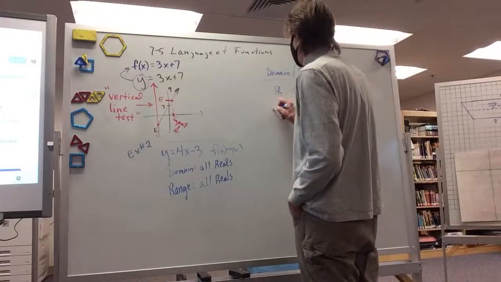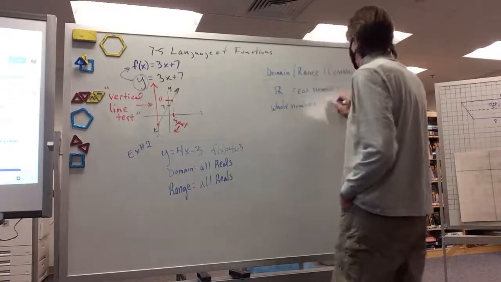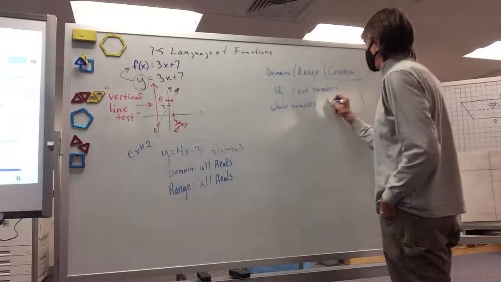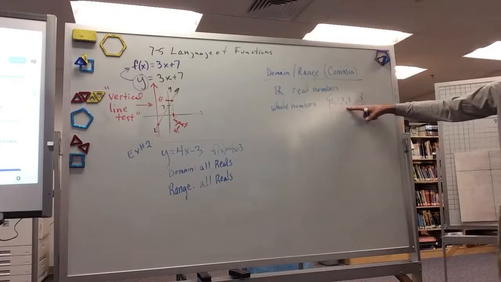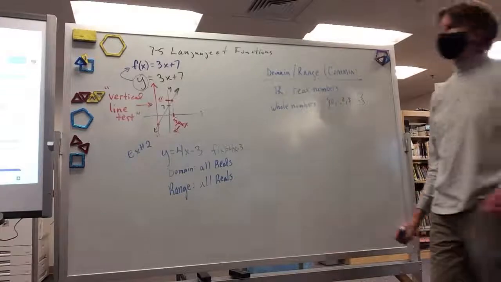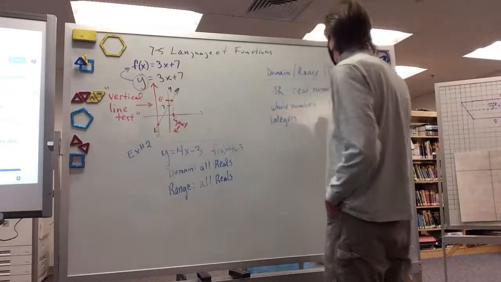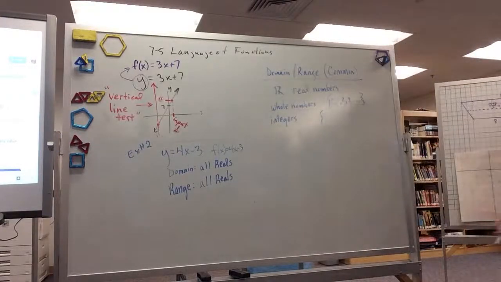There's whole numbers. Zero, one, two, three. So I'm writing this as a set. Here's the pattern, 0, 1, 2, 3, and then dot, dot, dot. It continues forever. There's integers. And integers are whole numbers and their opposites.